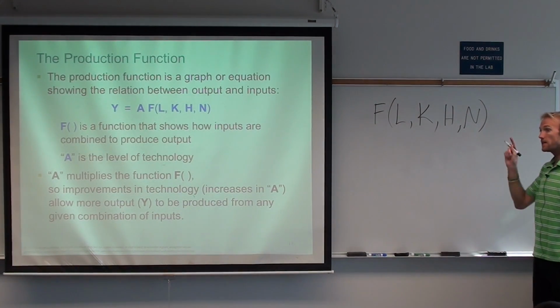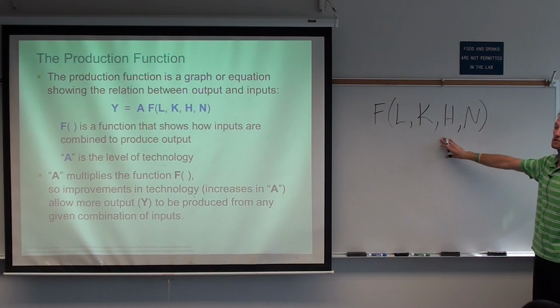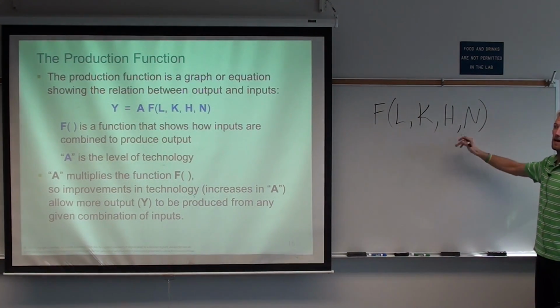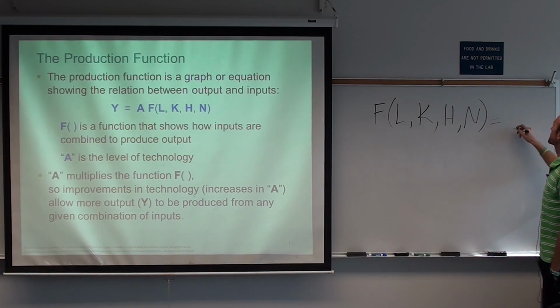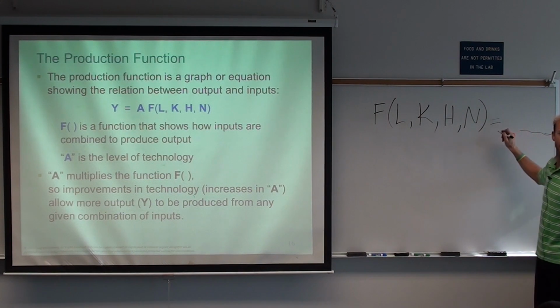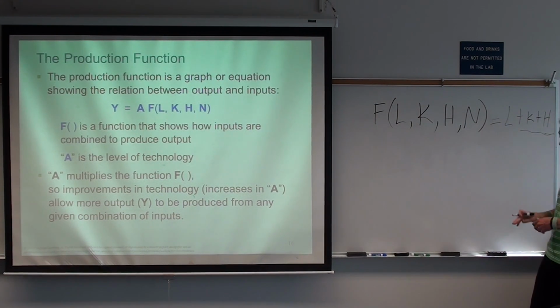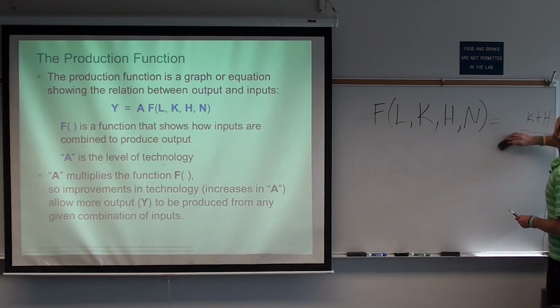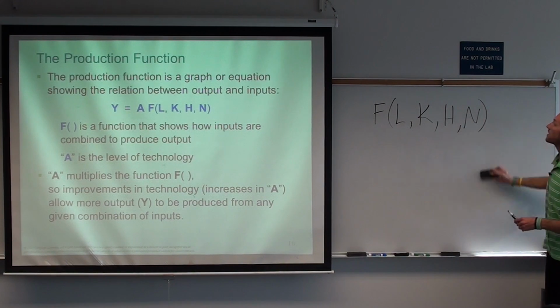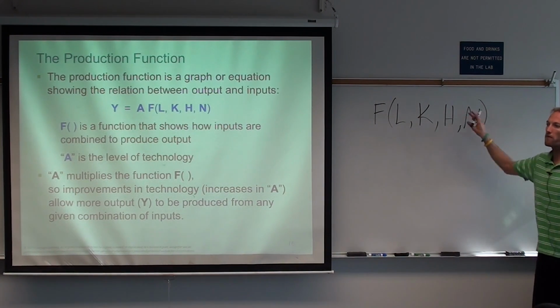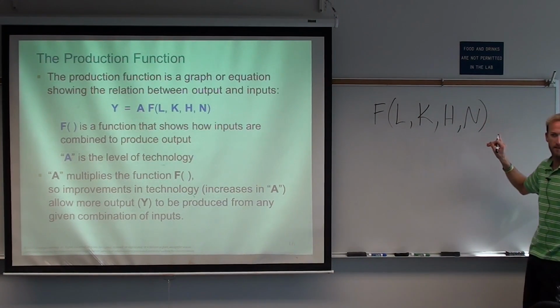But in this very complicated function, because this is an entire country, am I able to just say, all right, I'm going to go ahead and write out the function? No, right? This is too difficult to write out. Maybe it's as simple as the amount of laborers plus the amount of capital plus the amount of human capital, something like that, plus the amount of natural resources. Maybe it's that simple. But in all likelihood, we have no idea what the actual function looks like, okay?